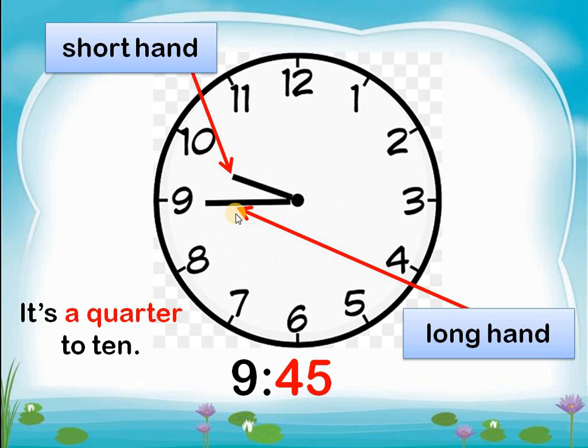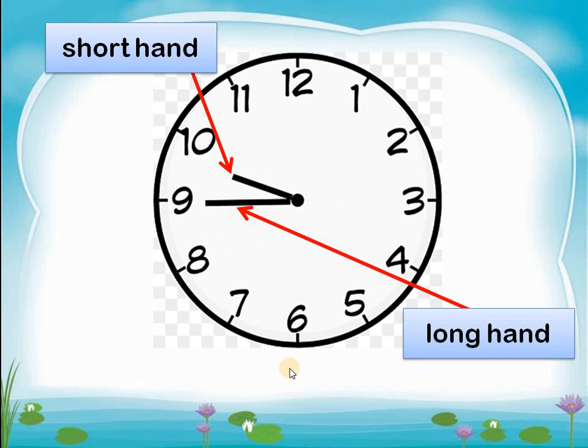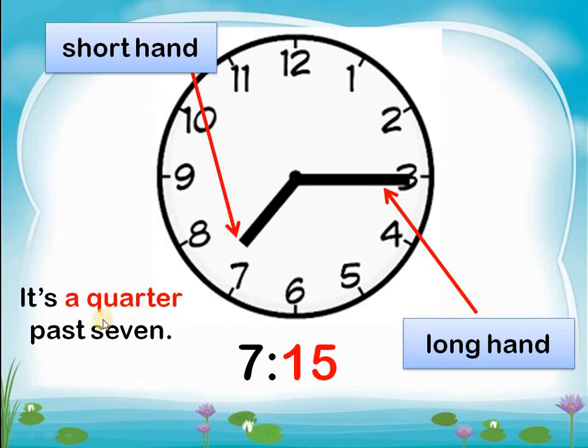So, if the long hand is pointing at 9, it is 45 minutes. A quarter to 10. A quarter to sini menunjukkan 45 minit. Kita tengok balik. A quarter past ialah 15 minit.